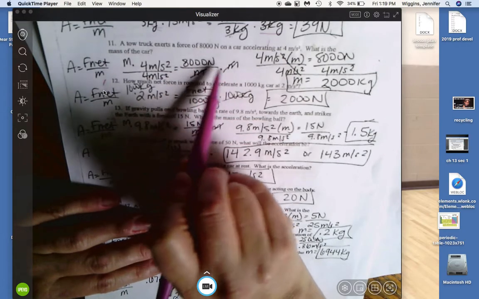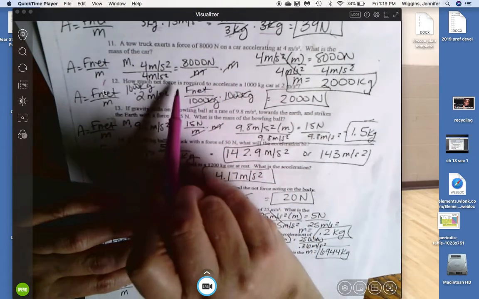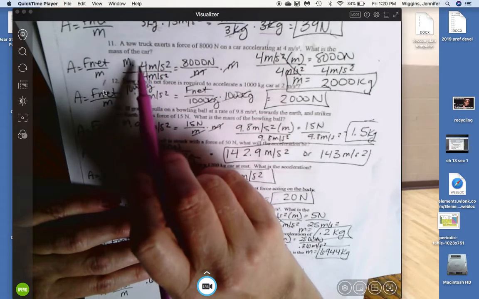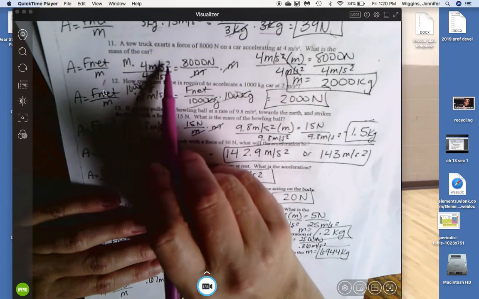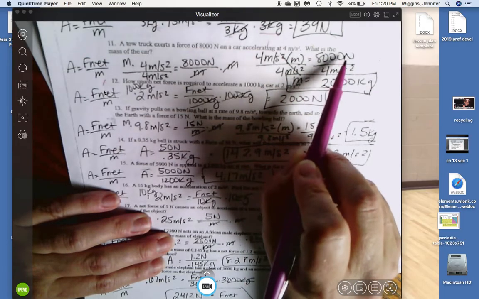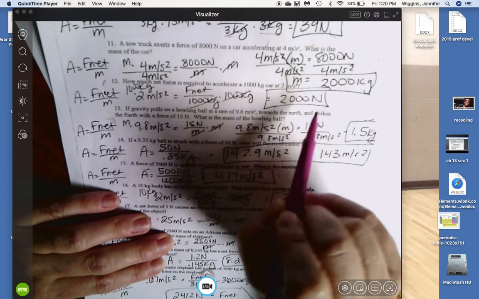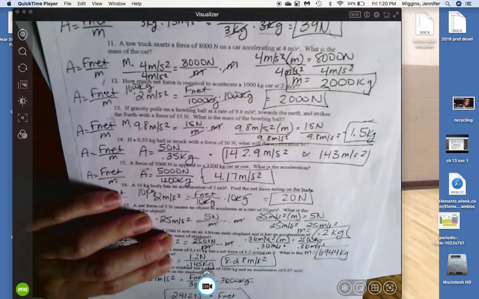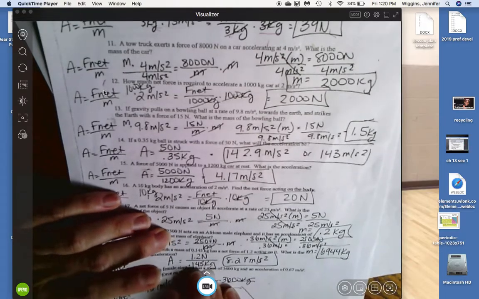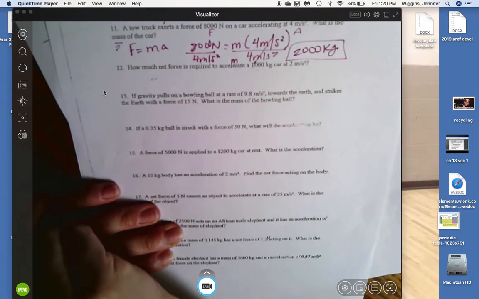I have to multiply my mass on both sides, and when I do, I can cancel it out. Then I would have 4 times m equals 8,000. Divide by 4 on both sides, so 8,000 divided by 4 is 2,000 kilograms. I kind of like the other way, but either way works.